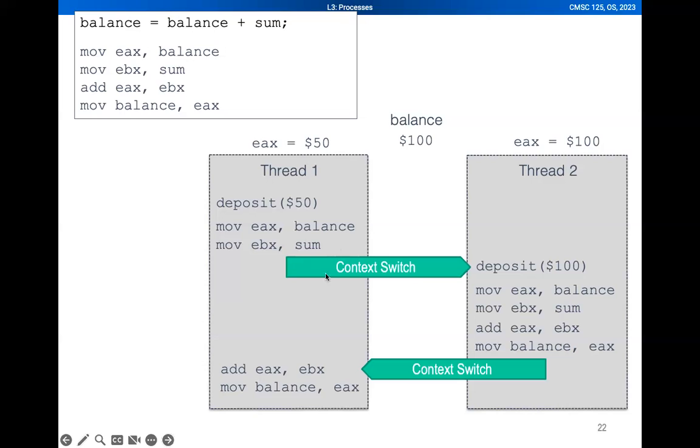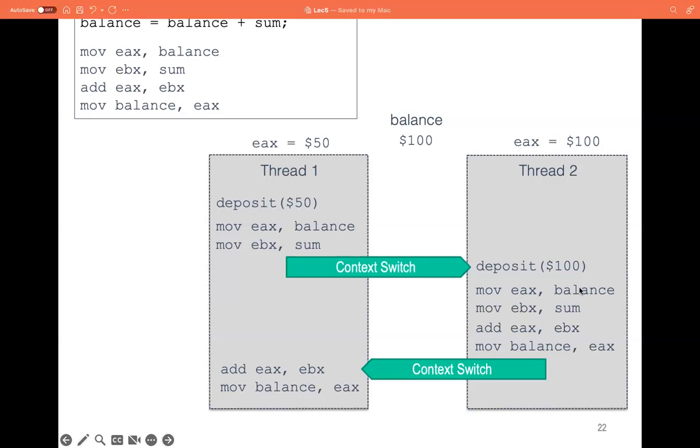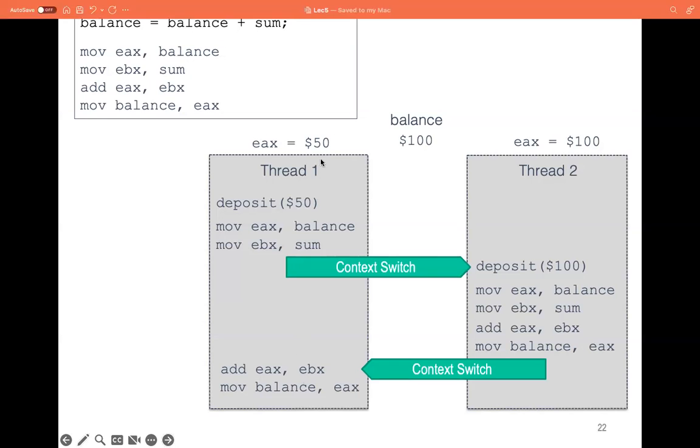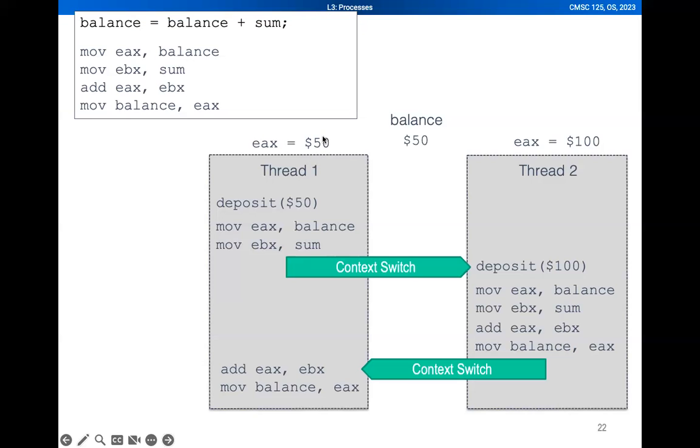We have separate registers, that's why we have not taken into account the value of the balance here. So the balance here is 0 plus the sum, which is 50. That's why the value of EAX is 50, and so the balance will be 50.